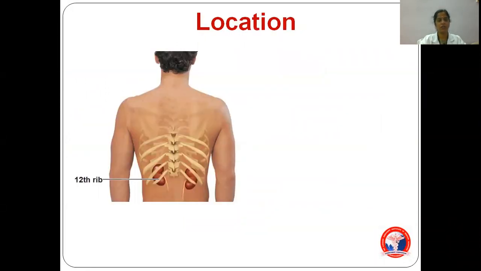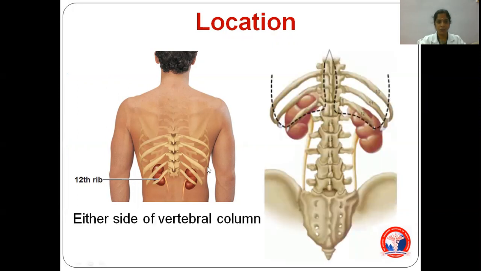You already know it is located in the posterior abdominal wall. It lies opposite to the 12th rib. So, on either side of vertebral column, you can see over the 11th and 12th rib, you can see the kidney.